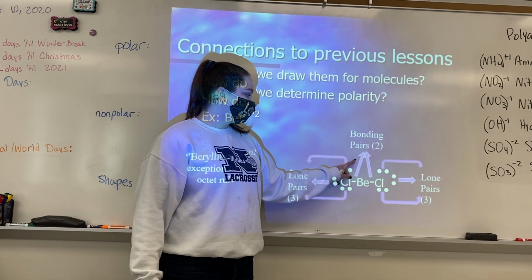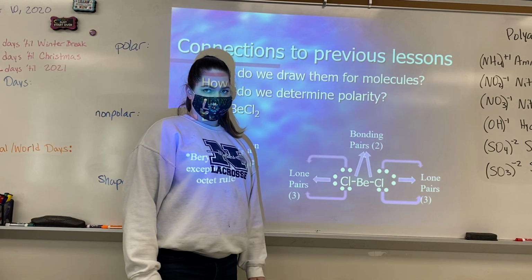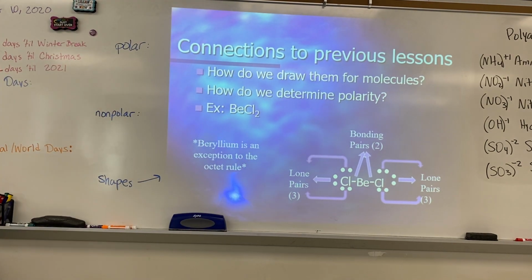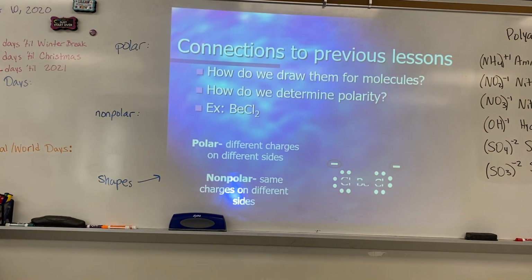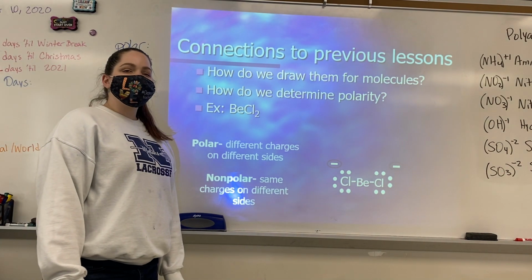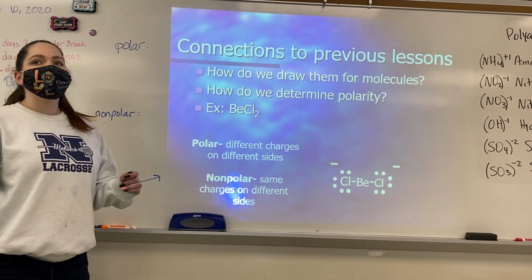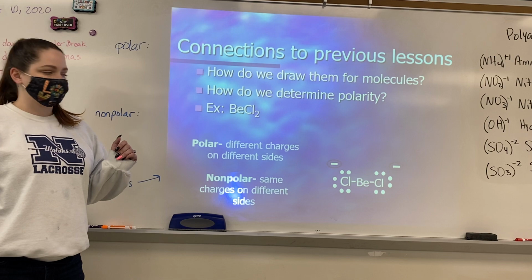These 2 are your bonding pairs. All the other dots represent lone pairs. So to determine if something is polar or nonpolar, you have to look at your dots and look at where they are and see if you have an equal distribution of electrons or an unequal distribution of electrons.